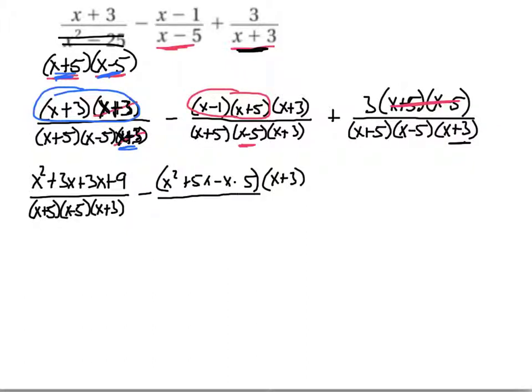And that is still over our common denominator. Looking at the last fraction, I'm going to go ahead and FOIL these two binomials together. So we have an x plus 5 and x minus 5. Well, hey, that's exactly what we had up here, x plus 5, x minus 5. When I multiply those together, I'm going to get x squared minus 25.